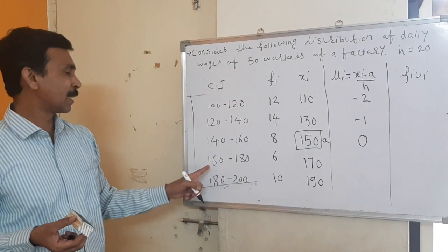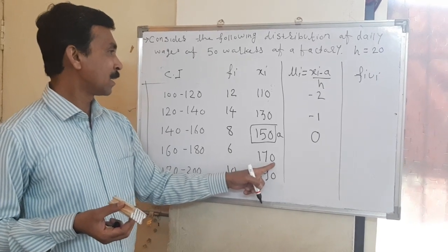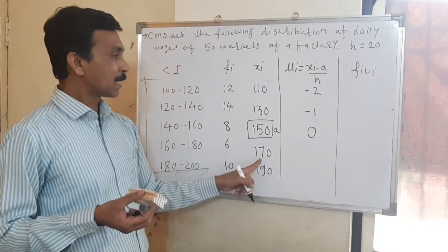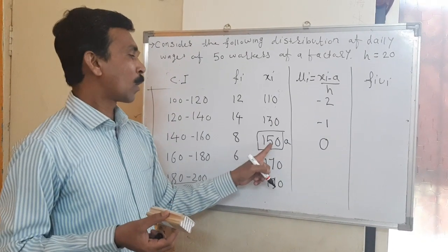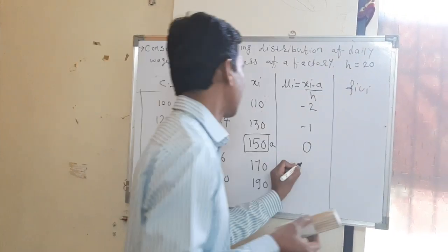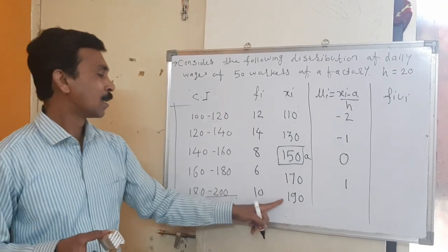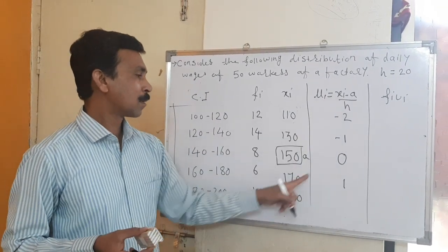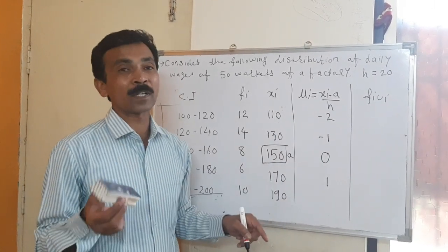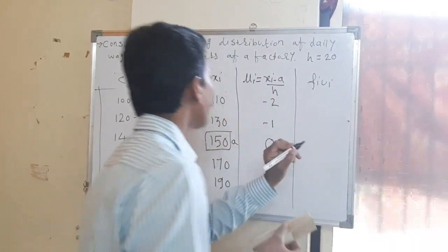Next, 170 minus assumed mean 150 is equal to 20, and 20 upon height 20 is 1. Now we'll find Ui for the last class interval. 190 minus assumed mean 150 is 40. 40 upon height 20 is 2.